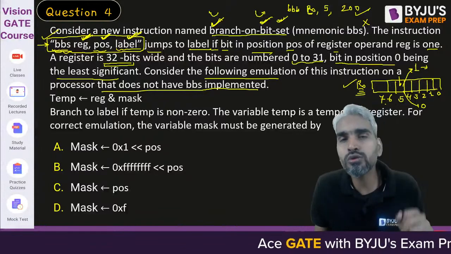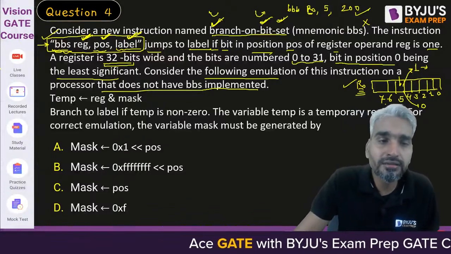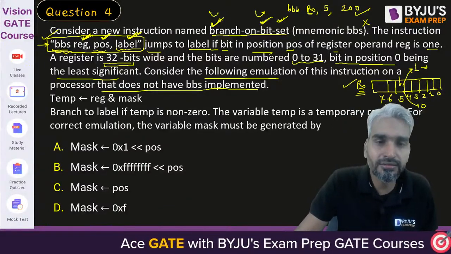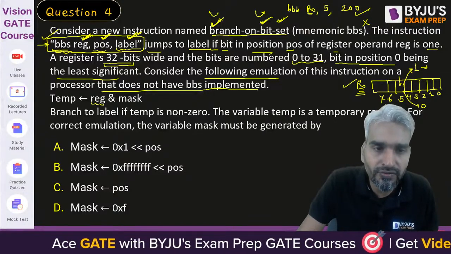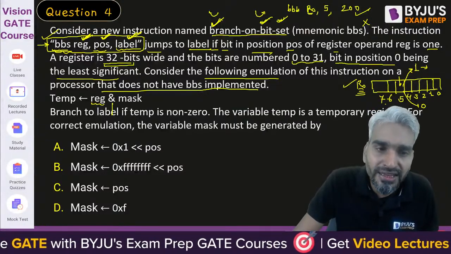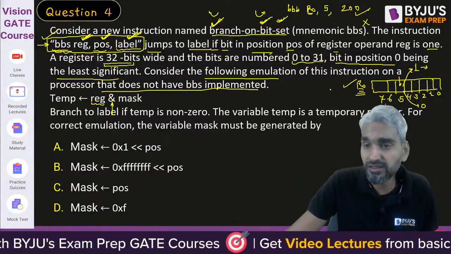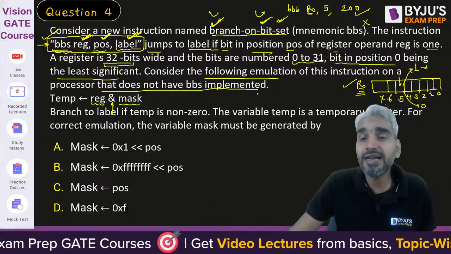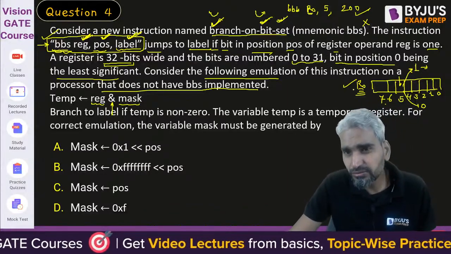Now in order to do that, what are they doing? They will take the content of the register and perform a bitwise AND operation of the content of this register with a mask. Please try to understand. Let's think in terms of 8 bits only.